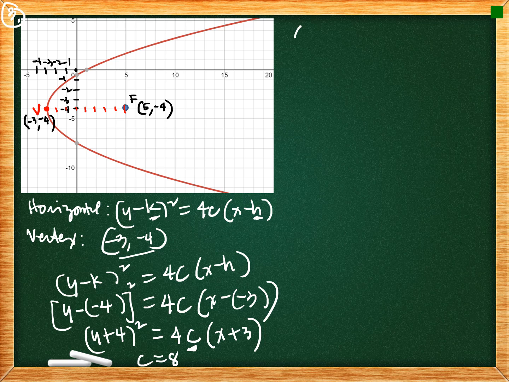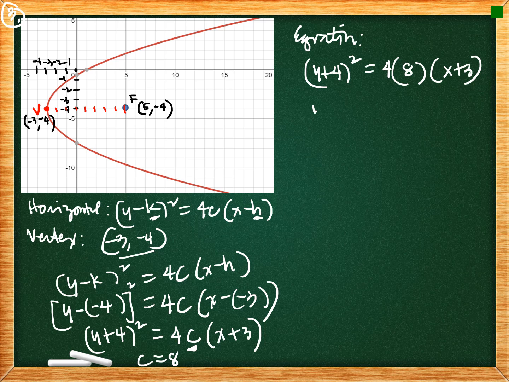So when we write the equation, we finally have (y + 4) squared equal to 4 times 8 times (x + 3). Simplifying that further, we have (y + 4) squared equal to 32 times (x + 3). That is the equation of our parabola.